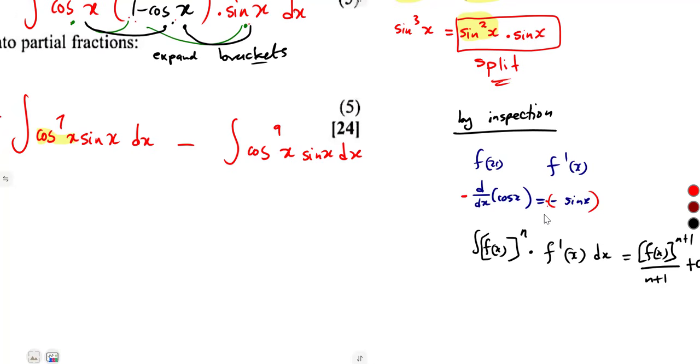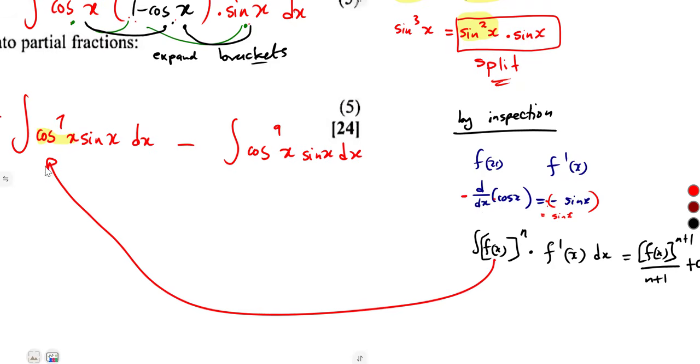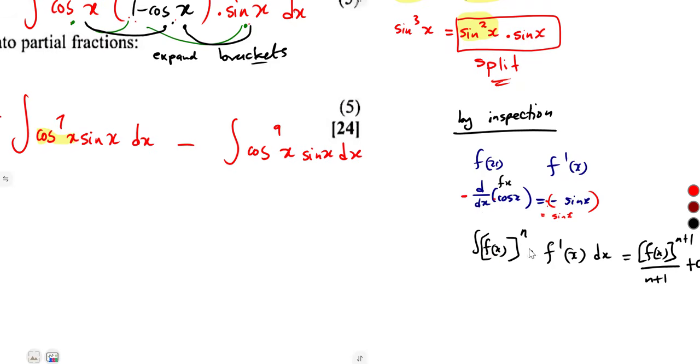Negative times negative gives us positive sine x. The cos that we're referring to, our f of x, is going to be taken as a negative, so that sine will be positive. We want to have a positive here.